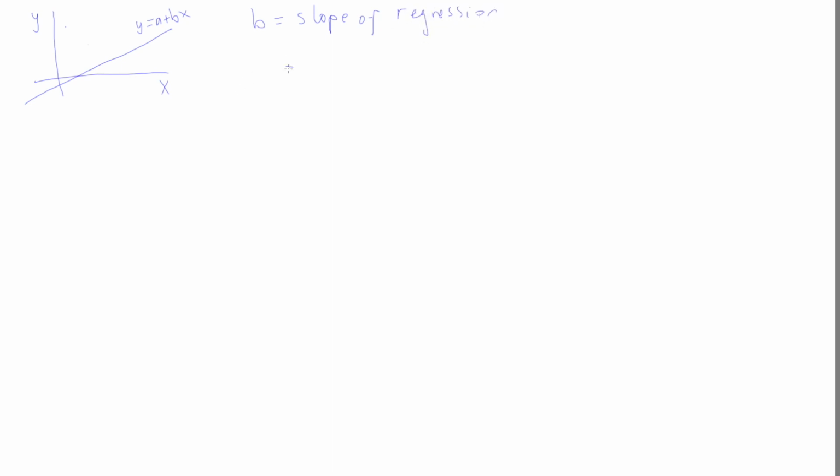And we just showed that b is equal to xy bar minus x bar y bar over x squared bar minus x bar squared. It's useful in machine learning or in statistics in general to try to interpret what this means or what we're working with to make sense of it.